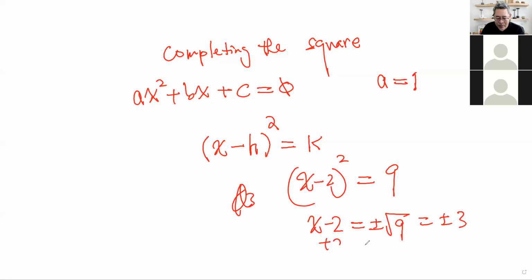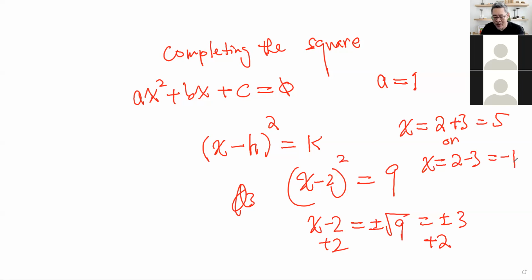Then add 2 on both sides. We got two scenarios. One is 2 plus 3, that gave us 5. Another one is x equals 2 minus 3, that gave us -1. So as long as we can somehow change to this form, then we can easily solve this equation.